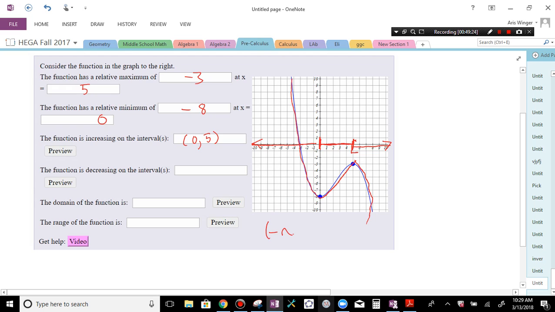So that looks like minus infinity to 0 union with, is that 5? Yeah. 5 to infinity. They ask the most obvious questions last for some reason. These are the questions you should answer first. That the domain looks like it's the whole real line.